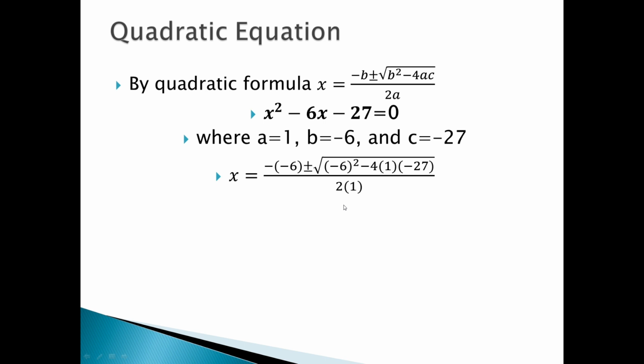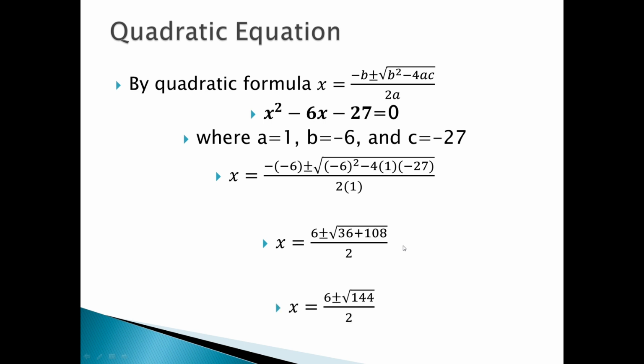Then simplify. Negative times negative 6 is positive 6, and then plus or minus square root of negative 6 squared is 36, and then negative 4 times 1 times negative 27 will be positive 108, over 2 times 1, which is 2.